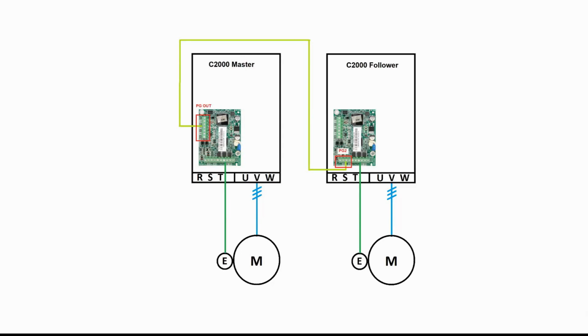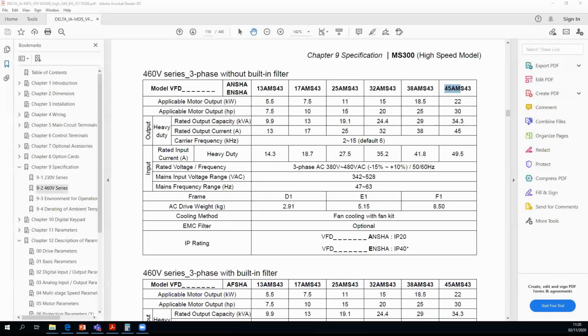Okay, so moving on to how to connect to the drive with Ethernet IP and control it in point-to-point. So firstly, I will open COM Manager.